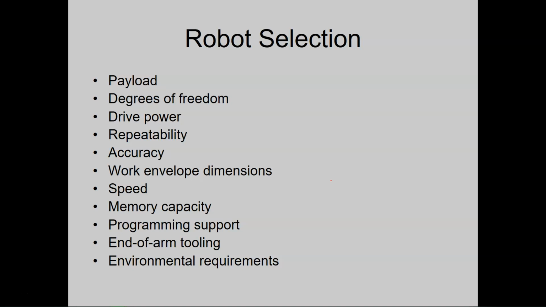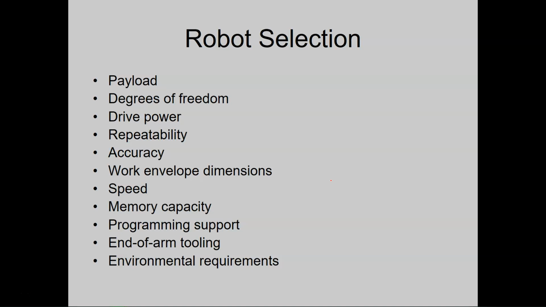How much repeatability do you need? Accuracy. And we just talked about that. The workspace or work envelope dimensions. How big of a space is it? Is it a really big space that you can do all these tasks in, or do you need a smaller robot that has more of a punch to it to allow you to do the same task but with a smaller robot?